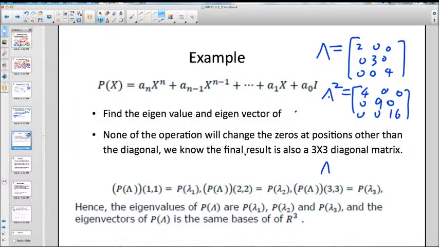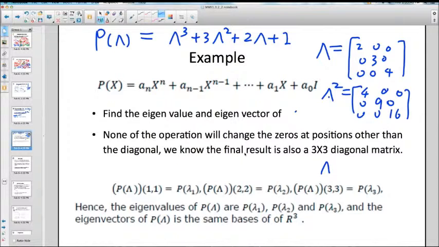So if I have a diagonal matrix, I want to consider this polynomial again: lambda cubed plus 3 lambda squared plus 2 lambda plus I. What do I do? I just need to add all those power polynomials, right?